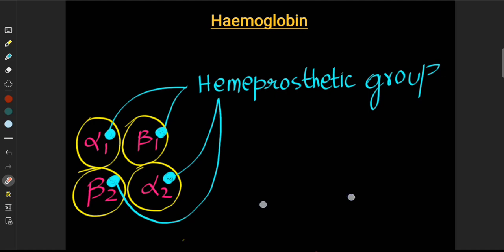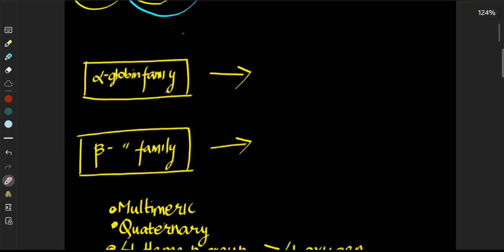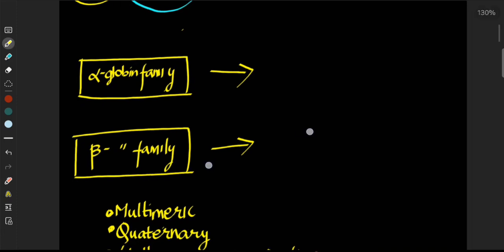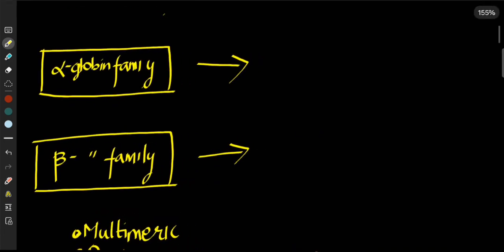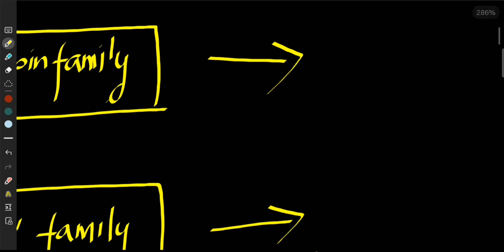Now, before looking into this, let us see what different types of chains we find in hemoglobin. As you can see over here, there are two globin families. The first one is the alpha globin family, and the second one is the beta globin family, right? The alpha globin family consists of two chains: alpha and zeta.